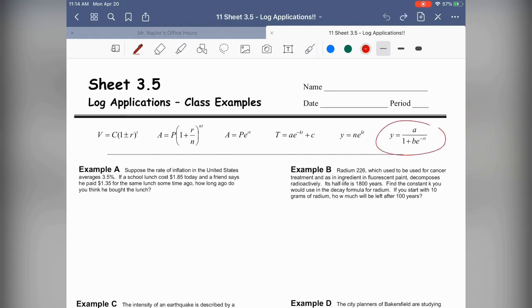And this last one might end up being the most interesting, as you're going to discover that it models in a very realistic way the growth or the spread of a virus. Honestly, the coronavirus, we'll find out, can be modeled using this type of formula. You'll have to stay tuned to see that in our last example.